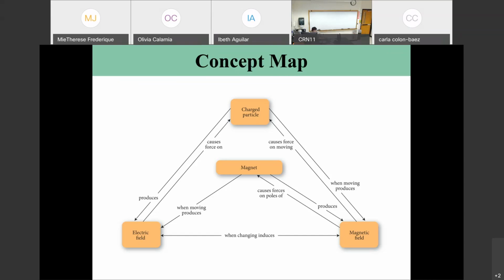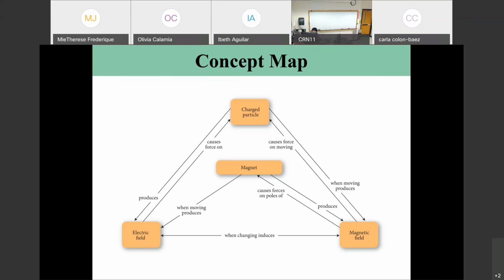We normally say that a time-varying magnetic field induces a time-varying electric field by Faraday's law. A magnetic field normally causes a force on a moving charged particle.